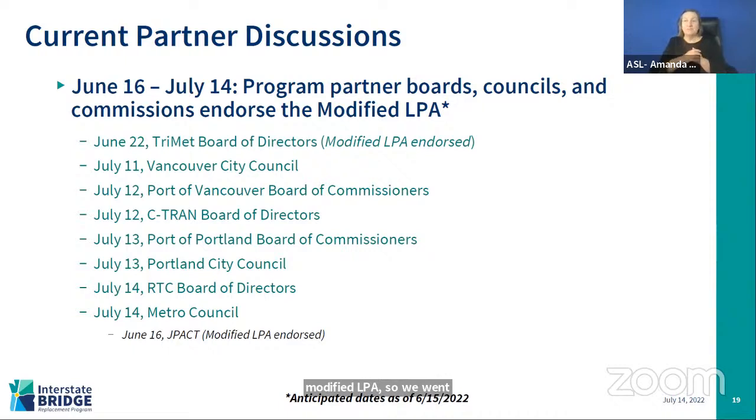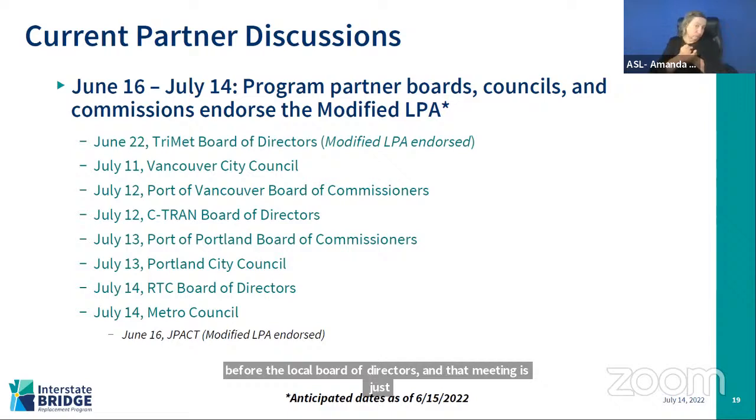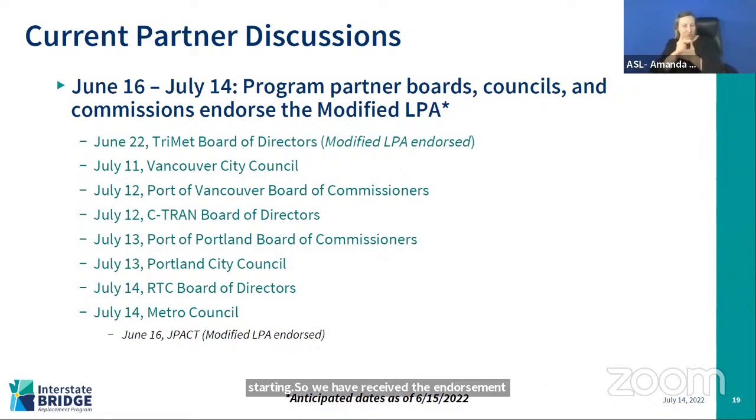So we have received the endorsement of 7 of the 8 partner boards or councils, and with some overwhelmingly positive votes, a lot of unanimous votes. And I think at last count, the tally was 47 to 3 or 4, 47 positive votes against 3 or 4 negative votes.